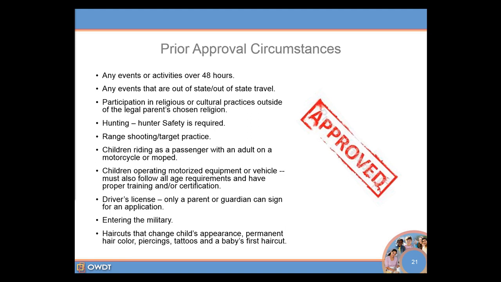Any events or activities over 48 hours, any events or activities that are out of state, participation in religious or cultural practices outside of the legal parent's chosen religion, hunting, range shooting or target practice, children riding as a passenger with an adult on a motorcycle or moped, children operating motorized equipment or vehicles. They must also follow all age requirements and have proper training and/or certification.